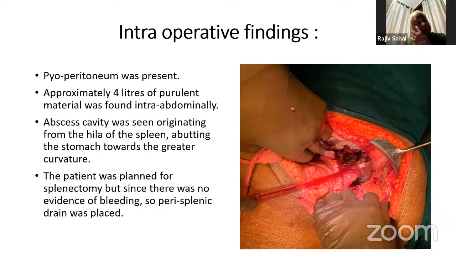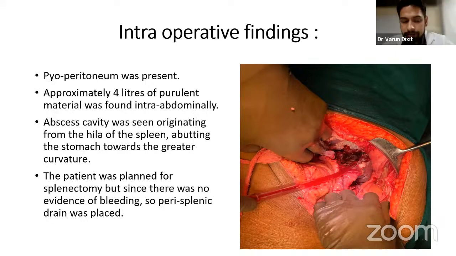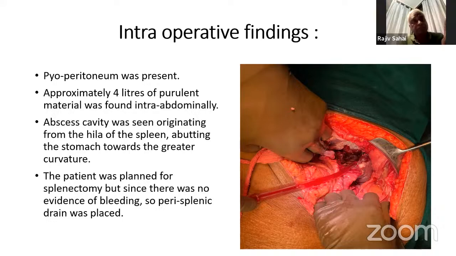Varun, what sir is trying to ask you is that ideally for a splenic abscess, such a large one in a diabetic patient, the treatment was splenectomy. Why did you like to save the spleen in this patient, or whatever the portion was? Any reason for it?